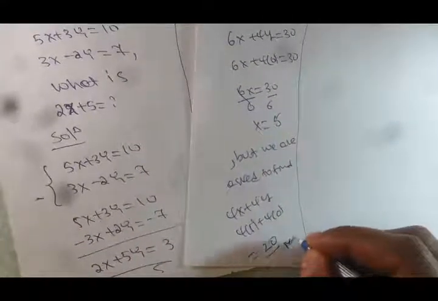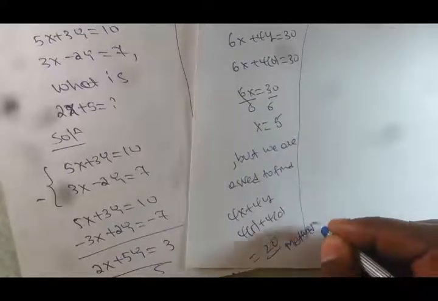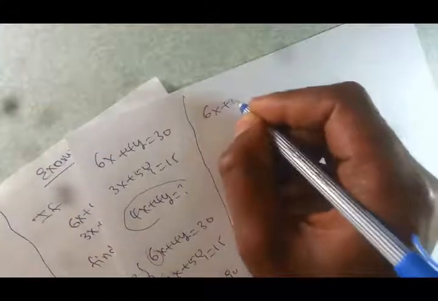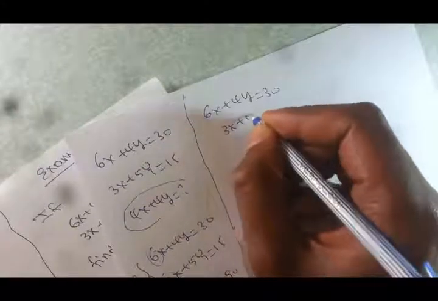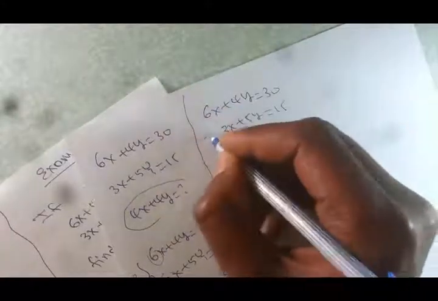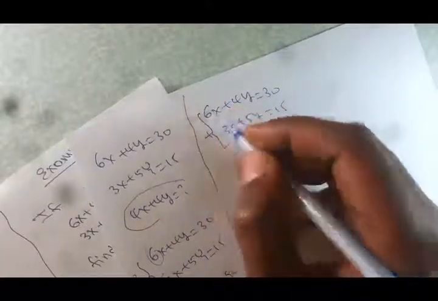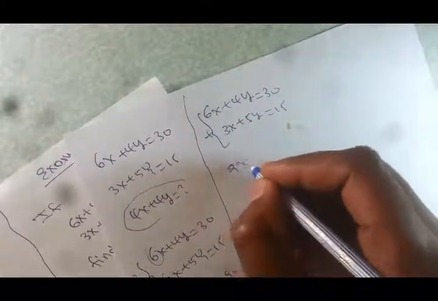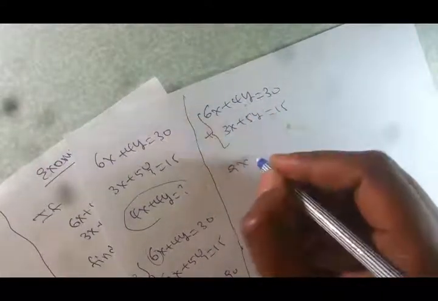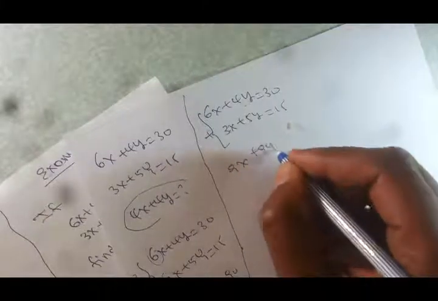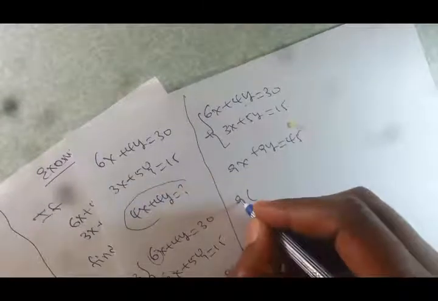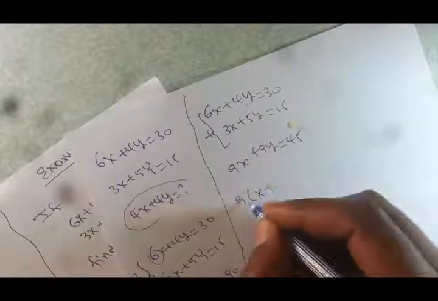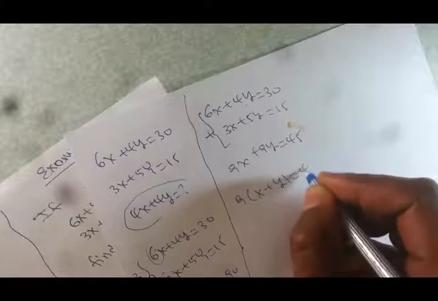This is method 1. We can also use method 2. That means 6x plus 4y is equal to 30, and 3x plus 5y is equal to 15, making addition. 6x plus 3x is 9x. 4y plus 5y will be 9y, is equal to 45. When we take 9 common, 9x divided by 9, x will be left, 9y divided by 9, y will be left, is equal to 45.